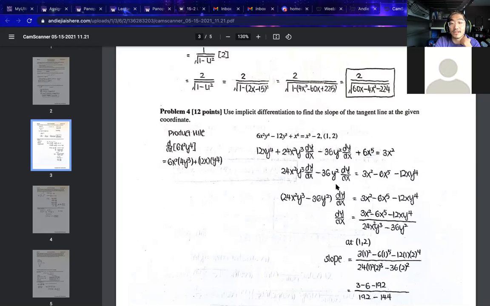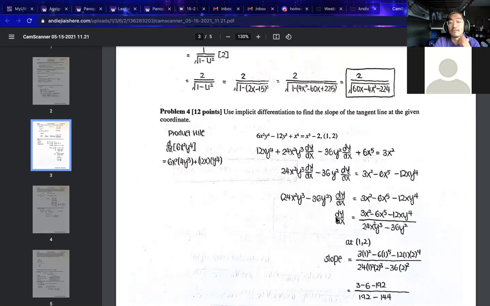You combine the two terms together and you will get 24x squared y cubed minus 36x y squared dy/dx.